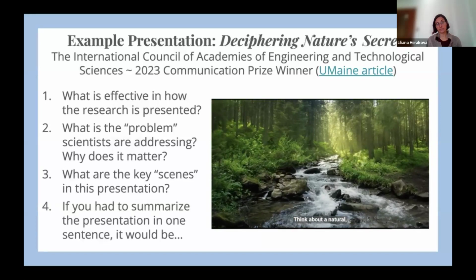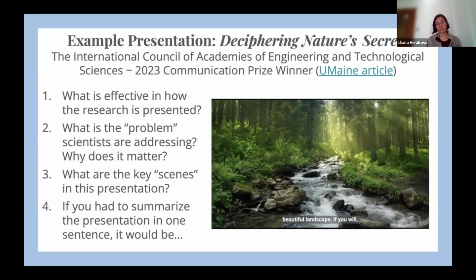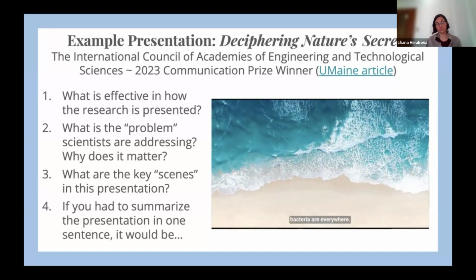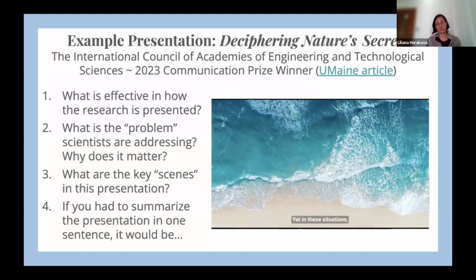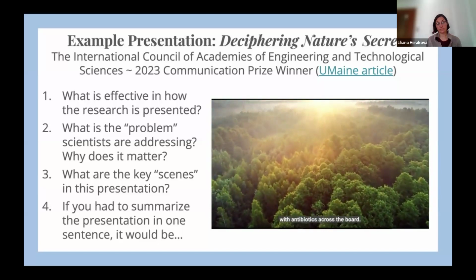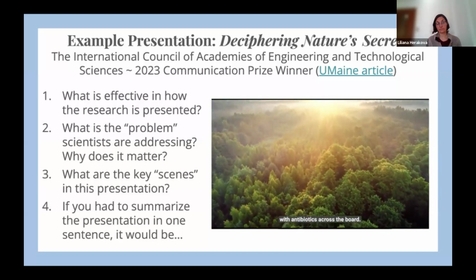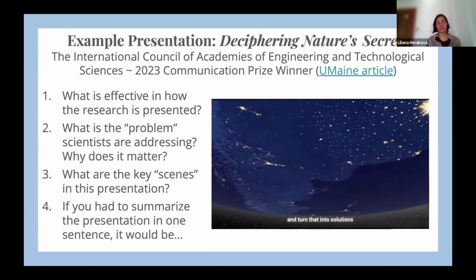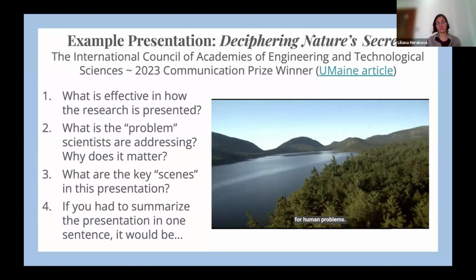Think about a natural, beautiful landscape, if you will. And if you really start to think about it, you'll realize that bacteria are everywhere. Yet in these situations, at no point is nature hitting everything with antibiotics across the board. Maybe there is information that we can gain from this, and maybe we can take that information and turn that into solutions for human problems.